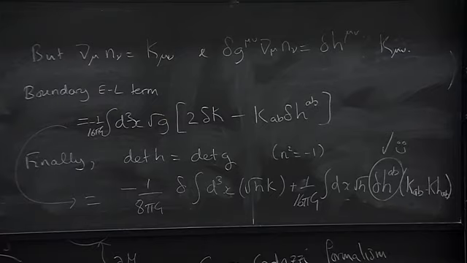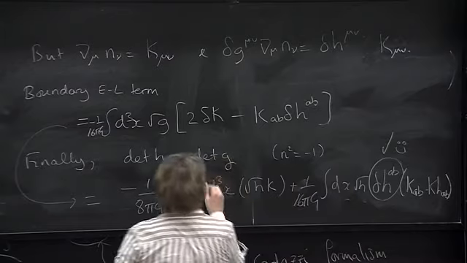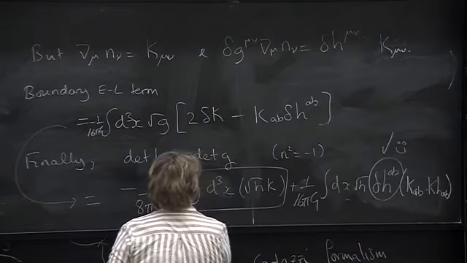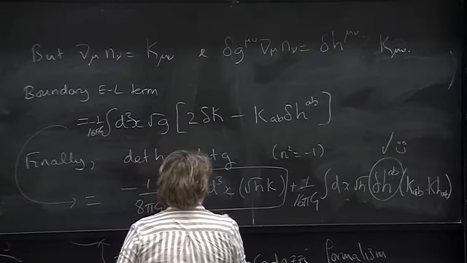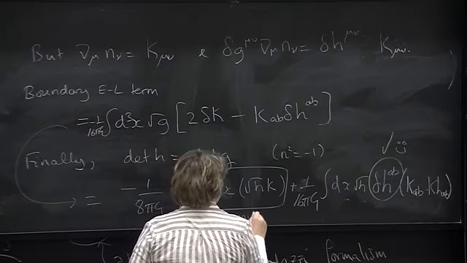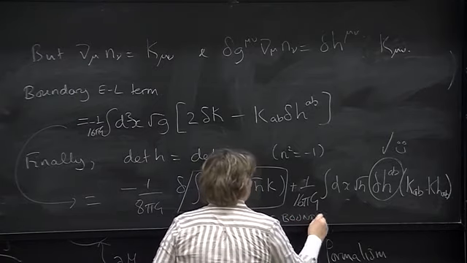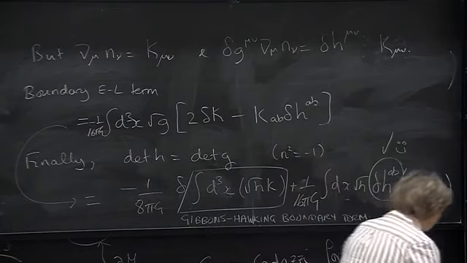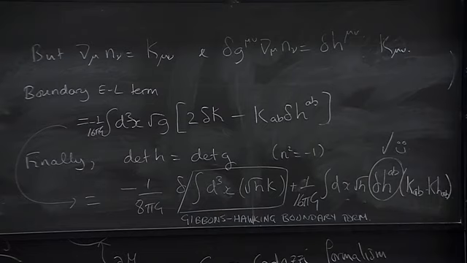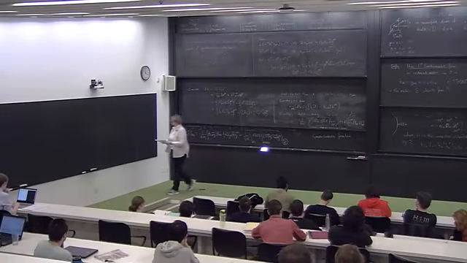And so this, sitting in brackets with the 1 over 8 pi g, is the Gibbons-Hawking boundary term. We add it to the Einstein-Hilbert action in order to make our Euler-Lagrange principle work.